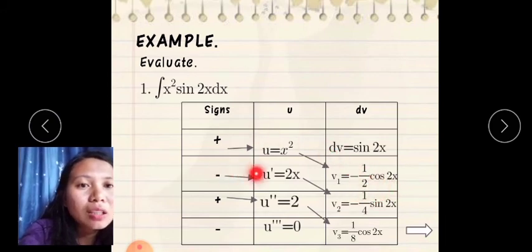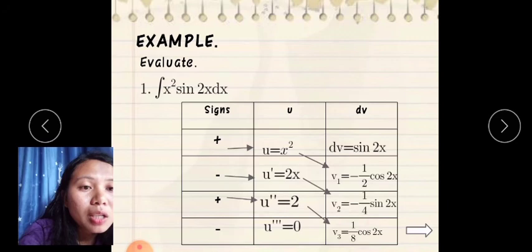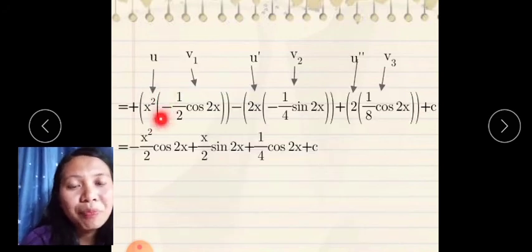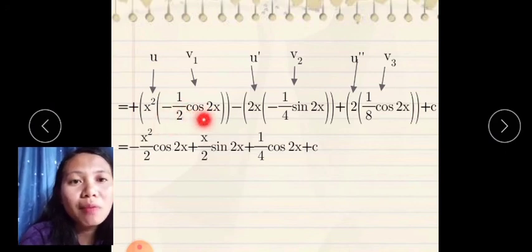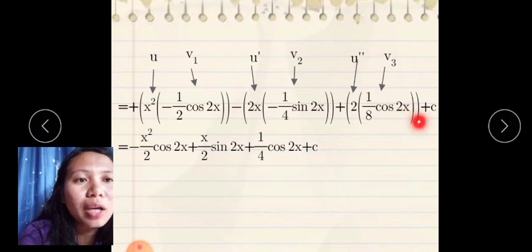The next arrow is 2x times negative 1/4 sine 2x, and then positive times 2 times 1/8 cosine 2x. That is why we have positive x squared times negative 1 half cosine 2x minus 2x times negative 1/4 sine 2x plus 2 times 1/8 cosine 2x plus c.